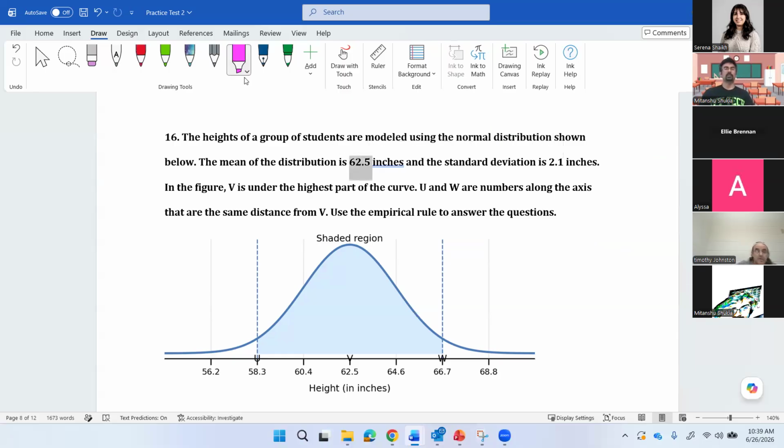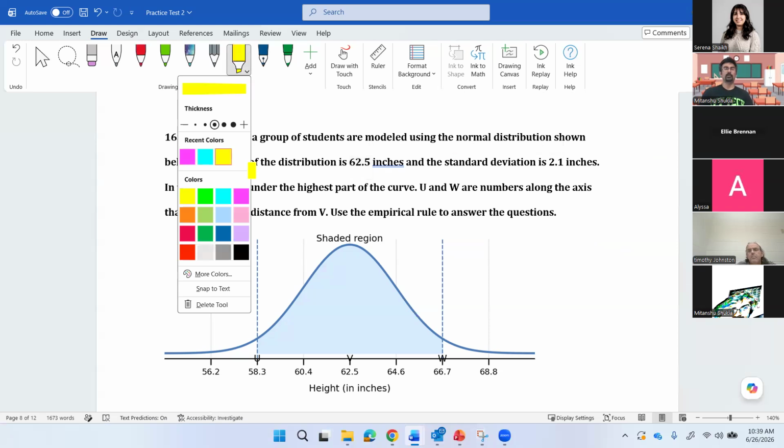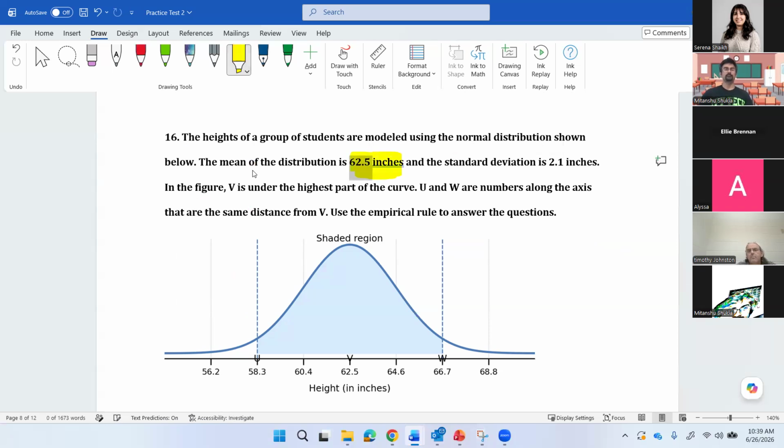So, we can highlight that real quick and say, all right, here's my mean. That's important information. The standard deviation is 2.1 inches. That's important information. They're telling us that V is under the highest part of the curve, and U and W are numbers along the axis.